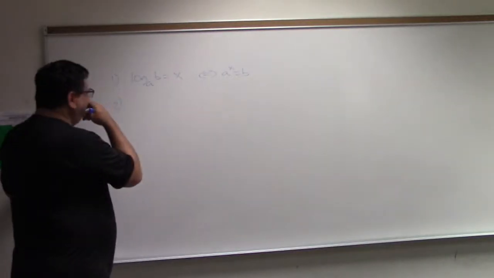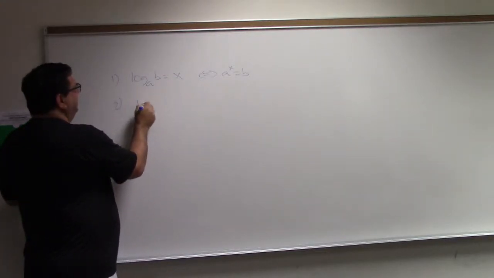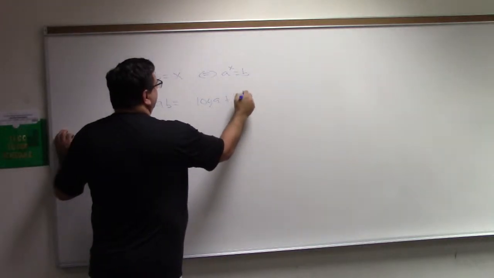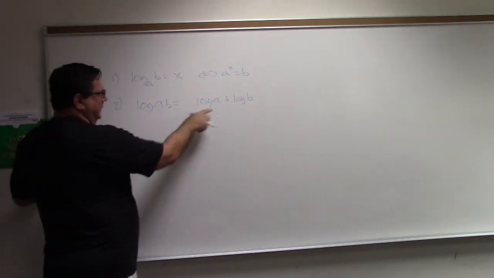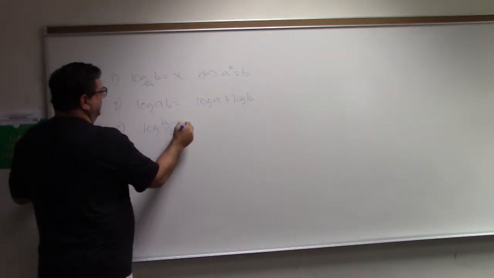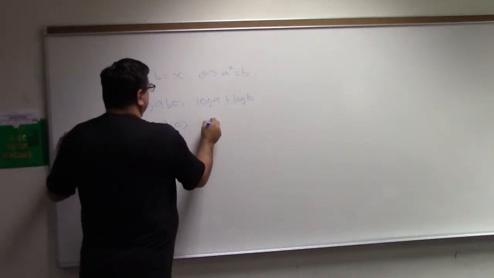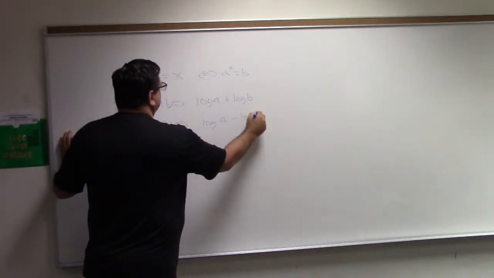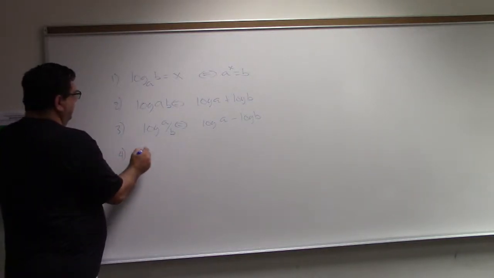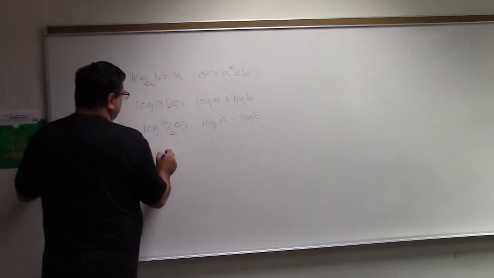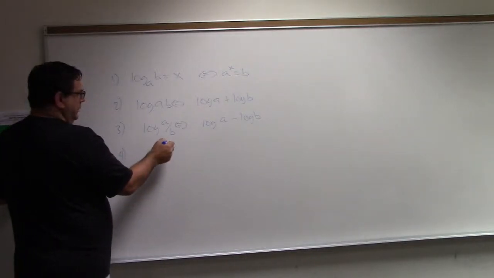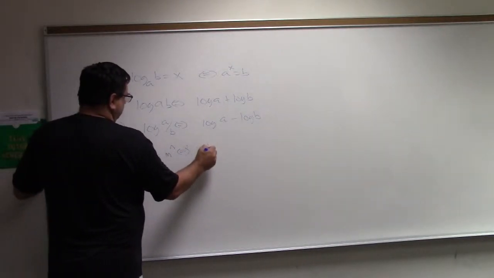Alright, so then we have log AB equals log A plus log B. So if you have multiplication, it becomes addition. Log A divided by B is log A minus log B. If you have log m raised to the n, so you have an exponent, that exponent comes out front.